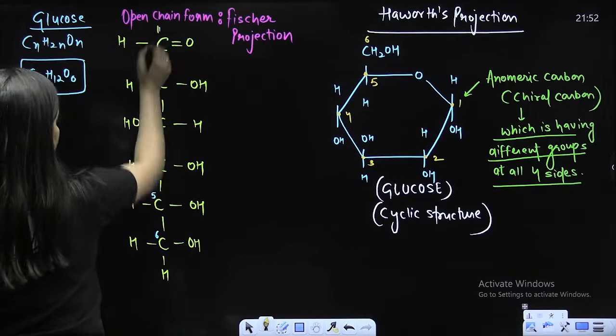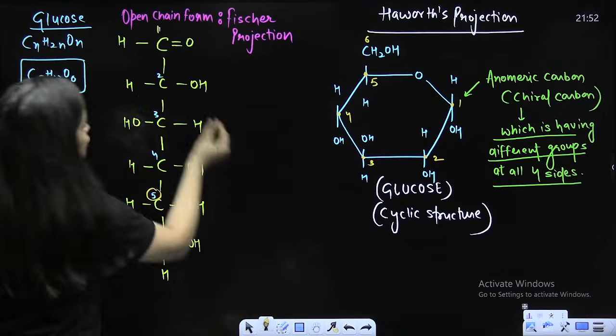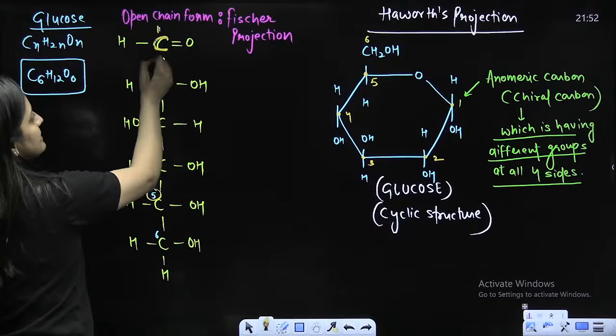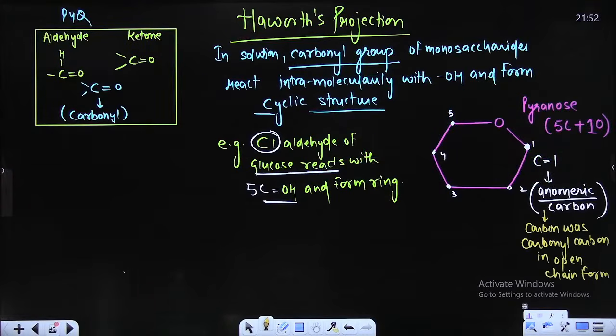C1 and C5 are actually going to react, so C1 and C5 join. Is that clear?